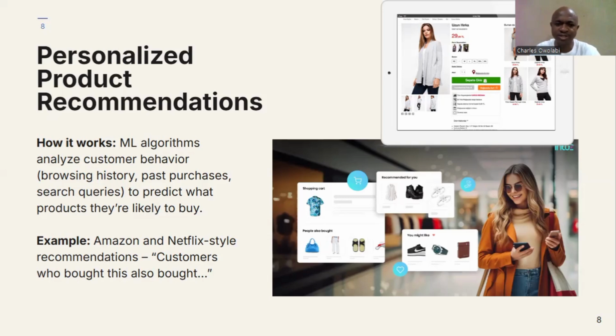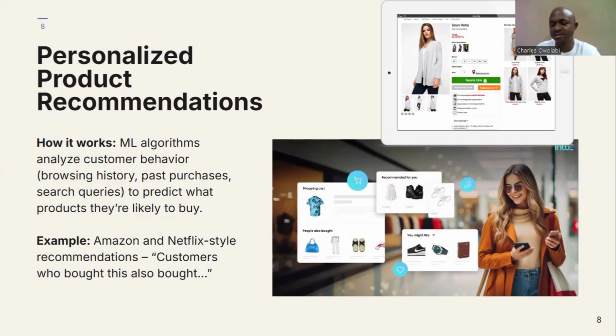Now, how does it work? It collects data from visitors to a particular site. Let's take an example of Jumia or Konga or even AWS or even Amazon. So each time a visitor visits the store online, it takes a record of your activities, and it now uses those data collected about you to make recommendations about the product that you're likely going to like or want to purchase next.